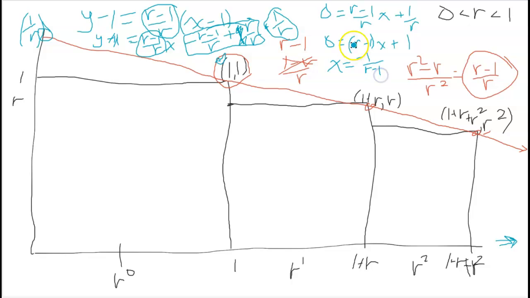As we recall, r is smaller than 1, so I'm just going to cancel the negative on top, reverse the bottom, and it'll be 1 over 1 minus r. So we know that our other coordinate for crossing the axis has an x value of 1 over 1 minus r, and a y value, of course, of 0.